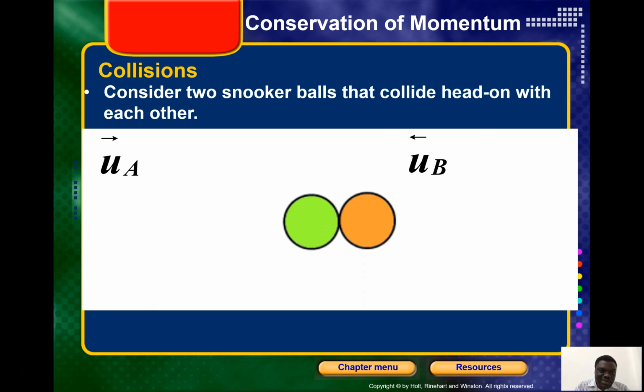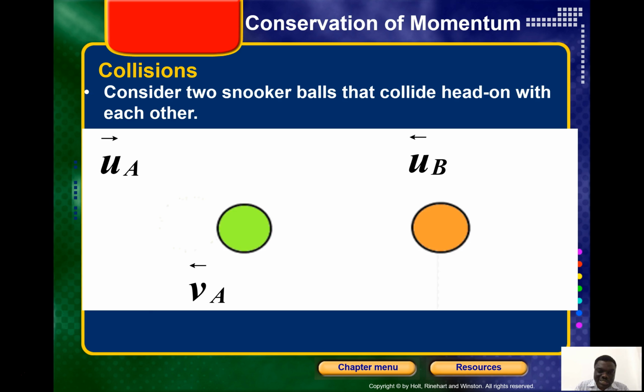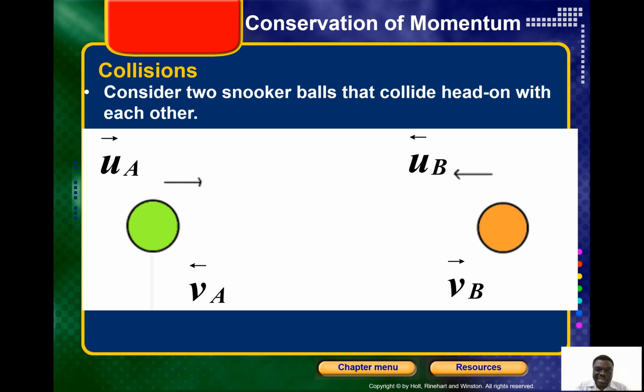After the collision, let the first ball change its velocity to VA, and the second ball change its velocity to VB. So remember, U is initial velocity: UA is the initial velocity of A, and UB is the initial velocity of B. V is the final velocity, so VA is the final velocity of A, and VB is the final velocity of B.